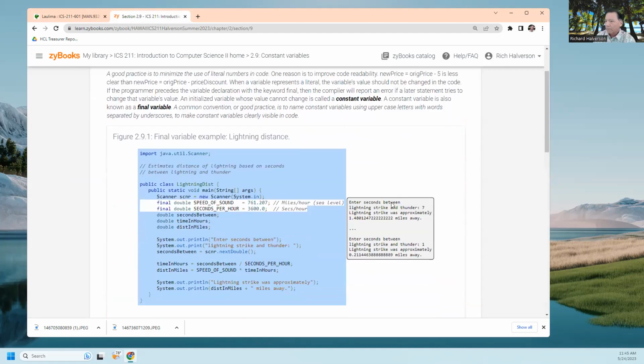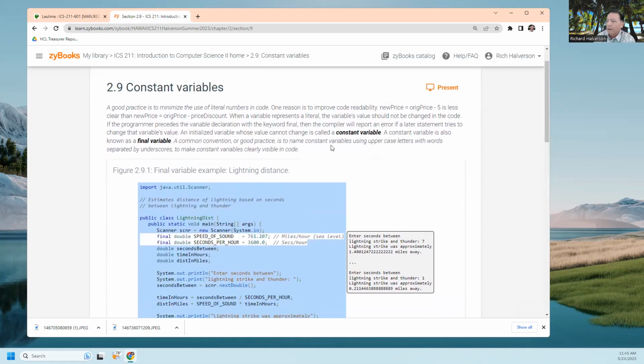You can define constants, and the keyword for defining a constant is different in different languages. In this language, it's the word final. It's not going to change. There's a convention that when we define constants, we use identifiers that are all capital letters with underscores as spaces. They look like this.